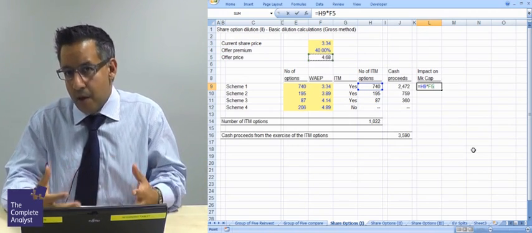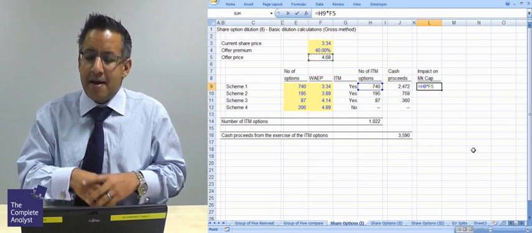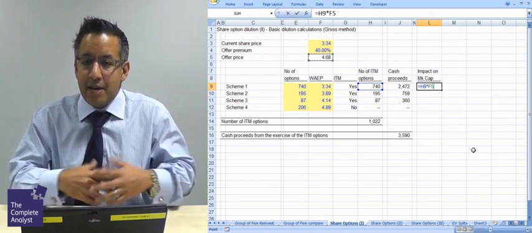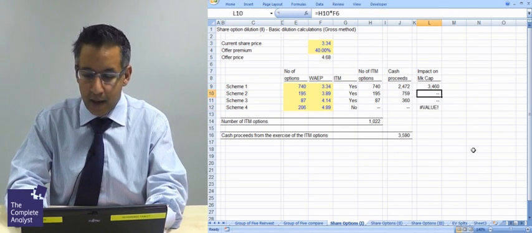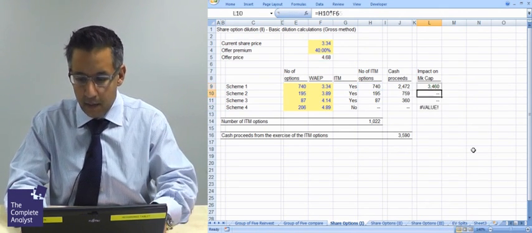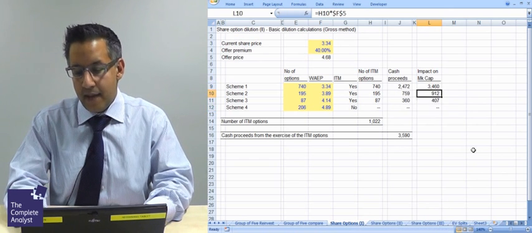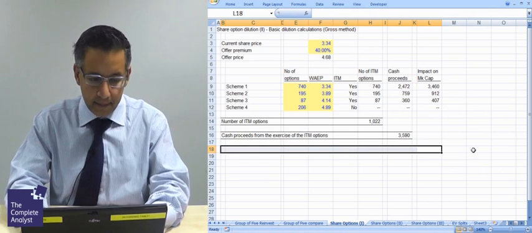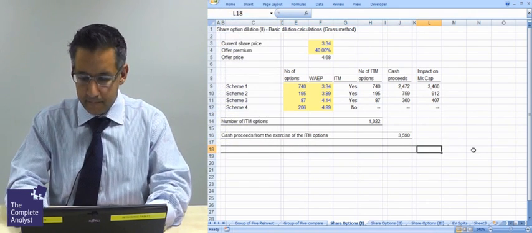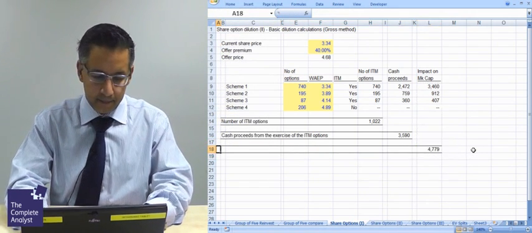So this could be the impact on market cap. It could be the impact on the amount that we need to buy out for this company. Well, the market cap is going to increase as well. So again, I've not dollarized that very well. Let me copy that down. And there we have the impact on the market cap. Nice little subtotal there.